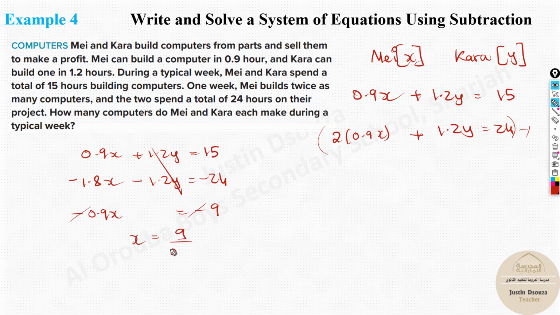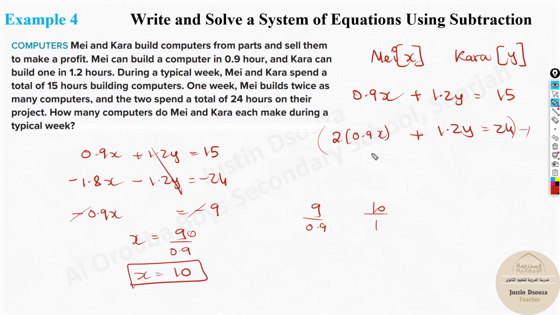So x is equal to 9 by 0.9. It's 10 by 1, isn't it? So it is 10 basically. Or otherwise, multiply both sides by 10, it will be 90 by 9, or just use your calculator if you're getting confused. So the answer is 10 for x.